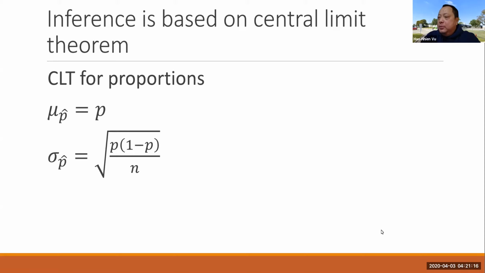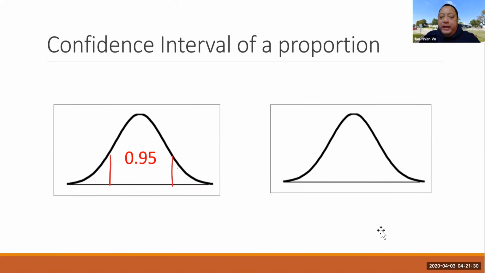For example, a 95% confidence interval on a proportion. If we compute a 95% confidence interval of a proportion, we get it from this normal distribution with 95% confidence level in the middle. The mean and standard error of distribution are based on P, which we can approximate by using p hat.